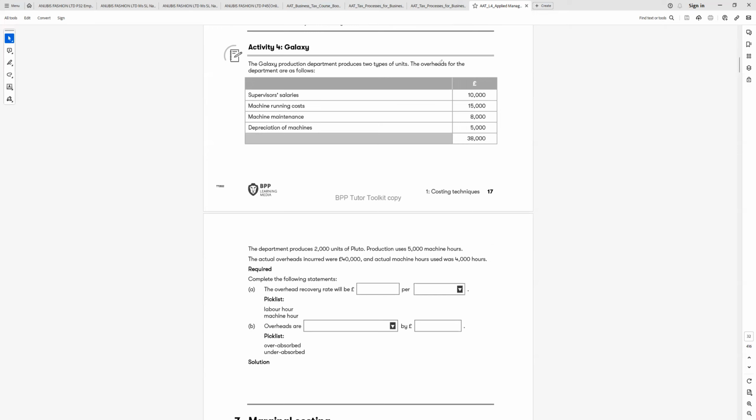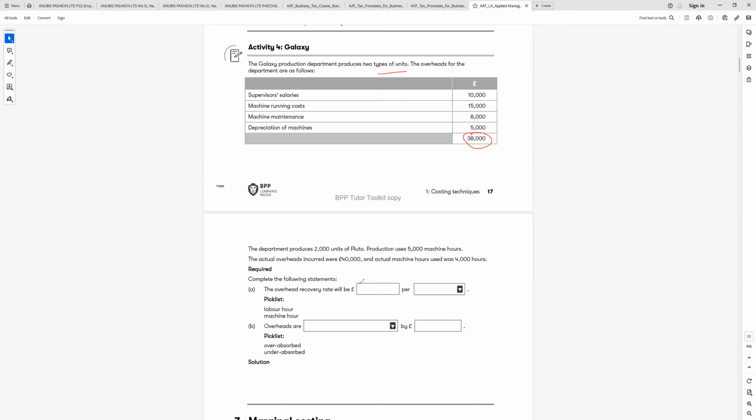The overhead for the department is as follows: supervisor salaries, machine running cost, machine maintenance, and depreciation of the machine. So the total overhead is 38,000, and they make 2 types of unit.